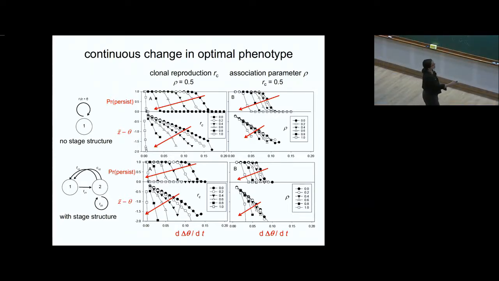So now, if you look at both the no stage structure case and the stage structured case, what you see is that increasing clonal reproduction or increasing the association parameter, which is the direction of the arrows again, now makes things worse.